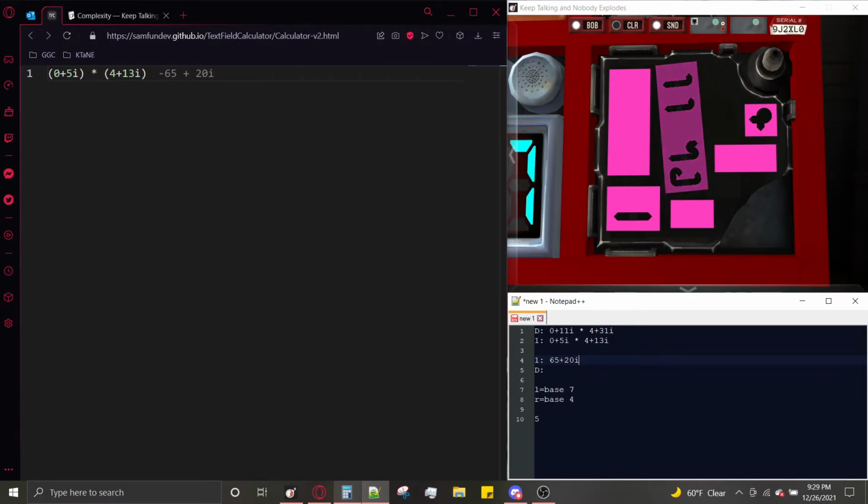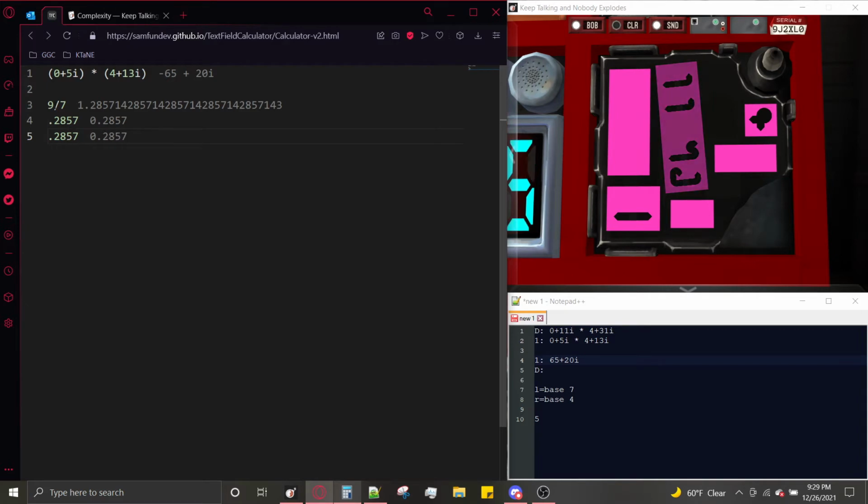So how do we do this? We're going to convert the left number into base 7. To do this, we're going to take the number and divide it by the base. We're going to take note of the decimal, and then take the number to the left of the decimal, and divide it by 7 again. We get the same decimal.